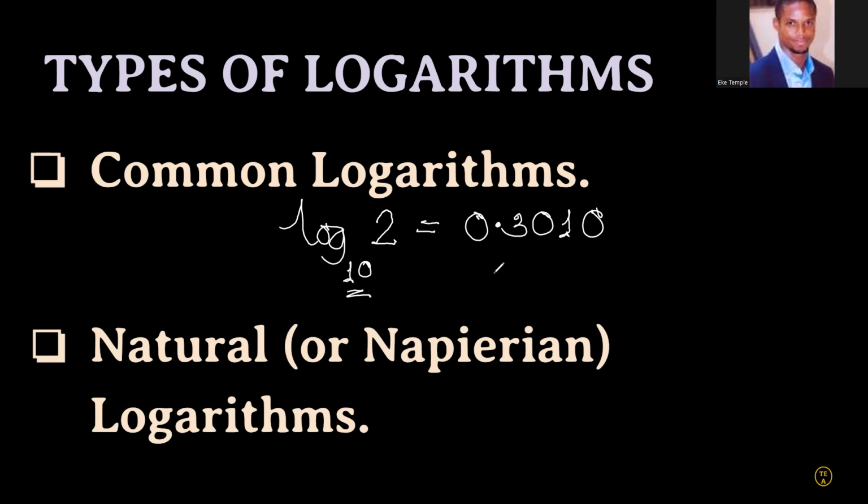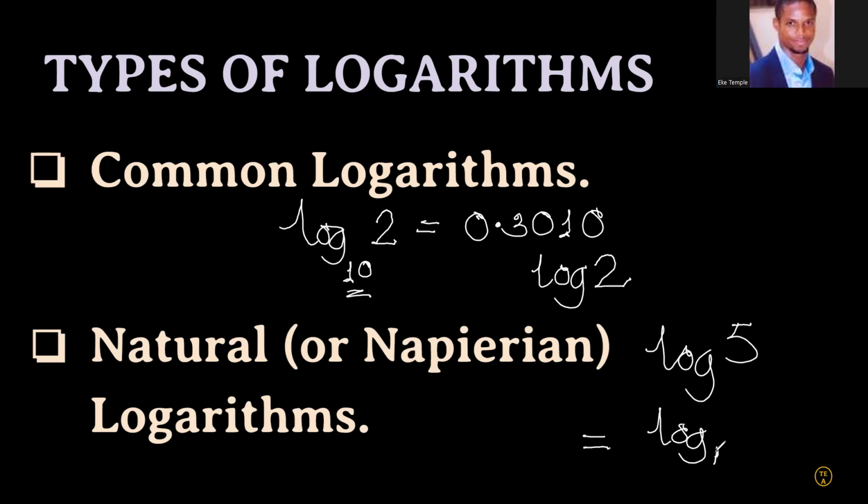Now, it is common practice to write common logarithms without indicating the base. So log base 10 of 2 can also be written as the logarithm of 2, and it is implied. Once there is the writing of logarithm without the base shown, it is implied that the base is actually 10. So logarithm of 5 without the indication of the base means we have actually written the logarithm to base 10 of the argument 5. That's right.